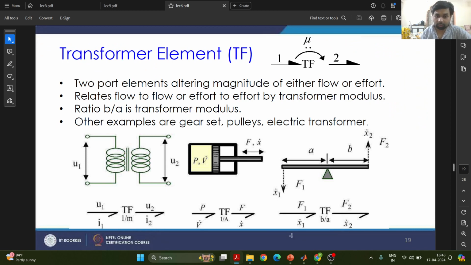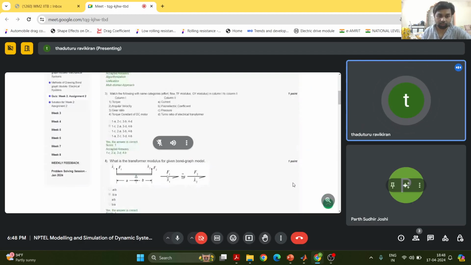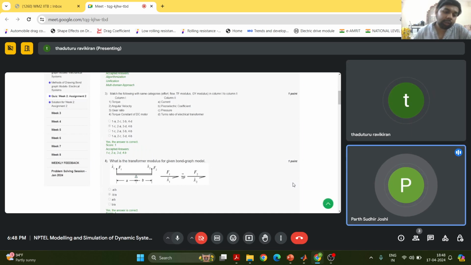If you multiply the input effort with this transformer modulus, we should get the output effort. Here, what is happening is that the directions of velocities of both the forces are the same. Both the forces are trying to pull the thing up, so the torques are opposite in sense.